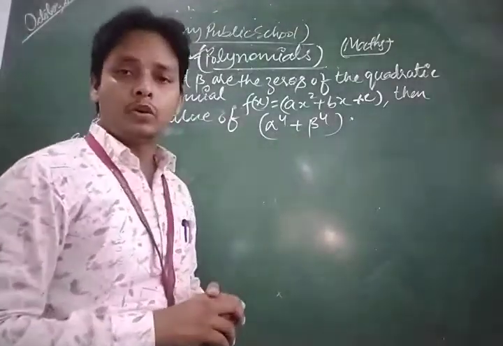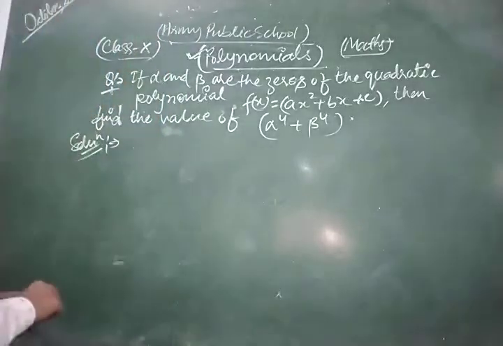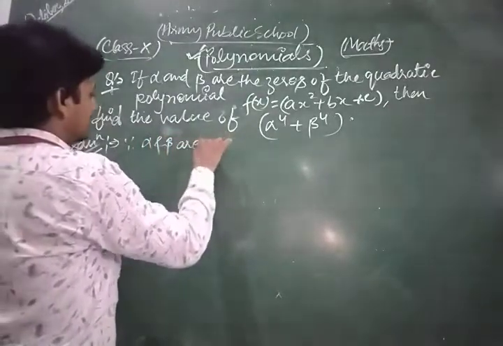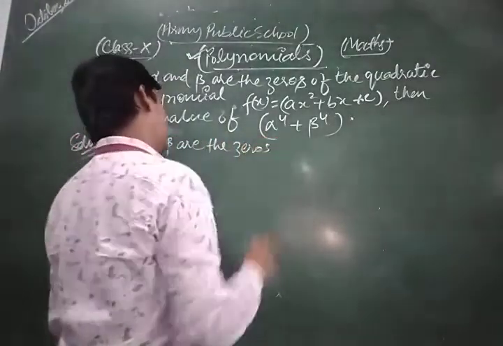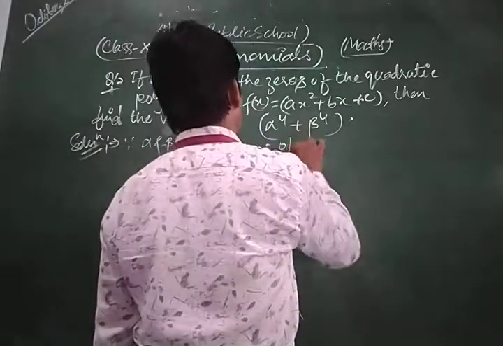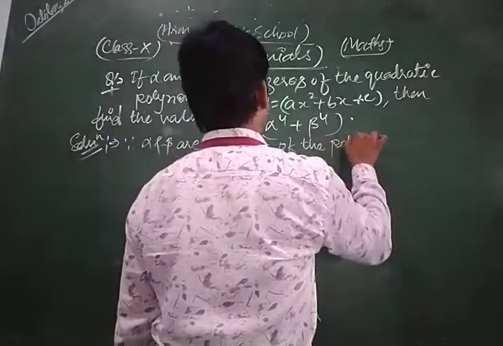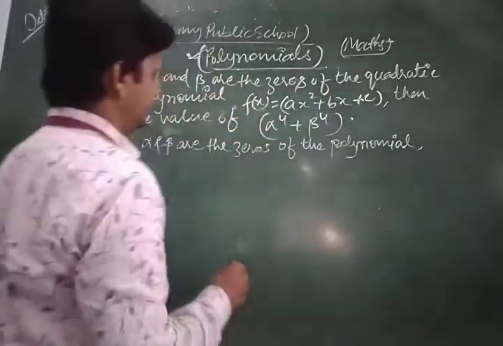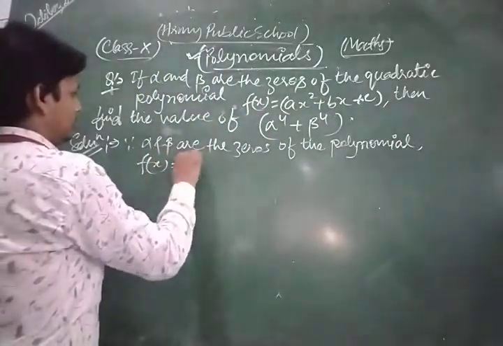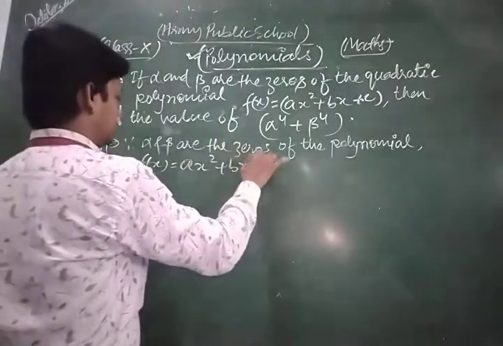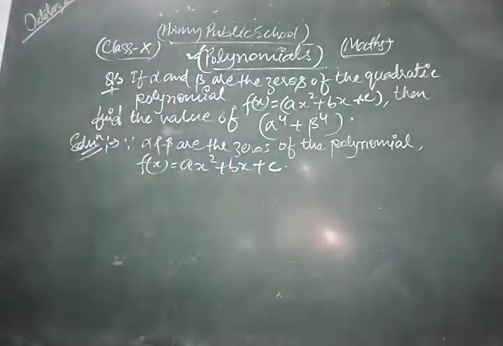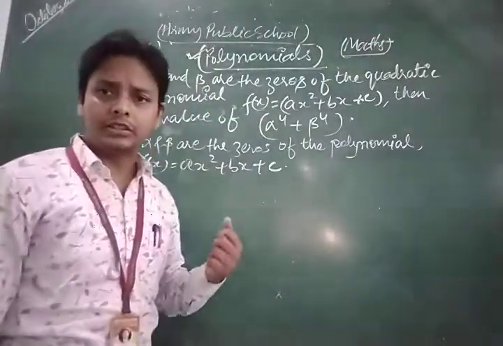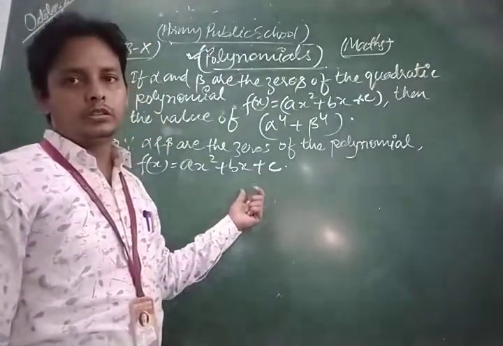We find the value of alpha to the power 4 plus beta to the power 4. Look, first of all, since alpha and beta are the zeros of the polynomial f(x) is equal to ax square plus bx plus c, it is given that, according to the question, alpha and beta are the zeros of the given polynomial.